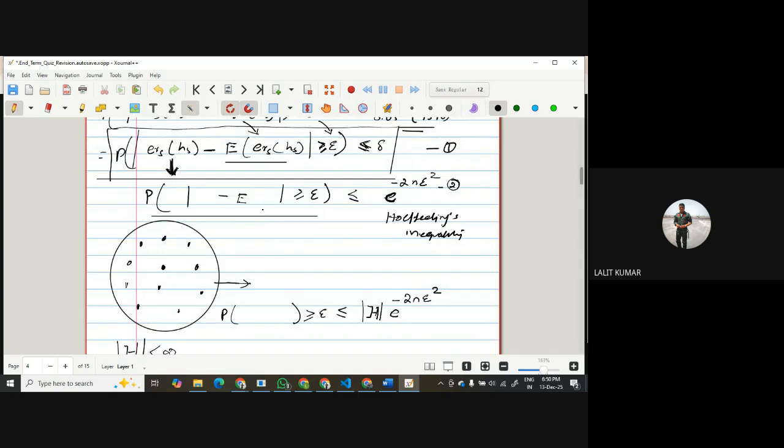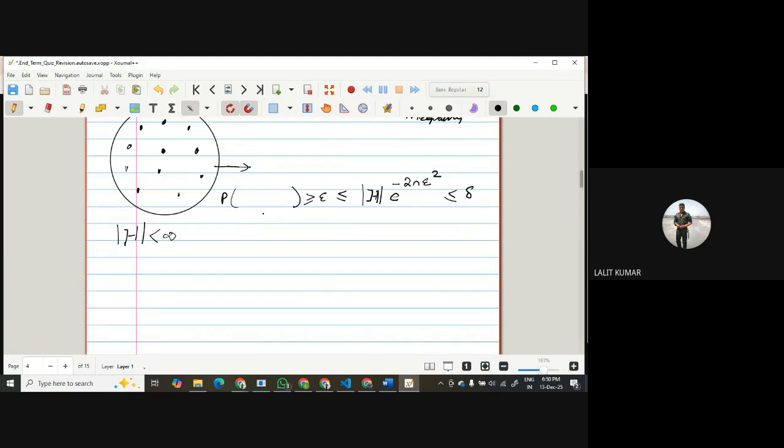And I am bounding this by this delta. So from here, if we solve this, if this h is finite, this is for the finite case, h e to power minus 2n epsilon square is less than delta.